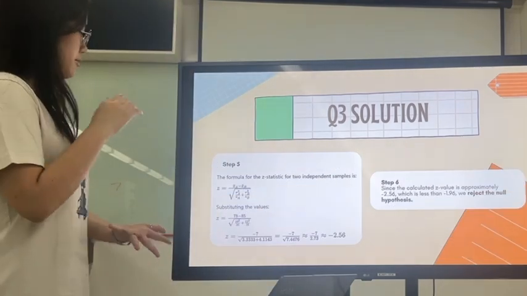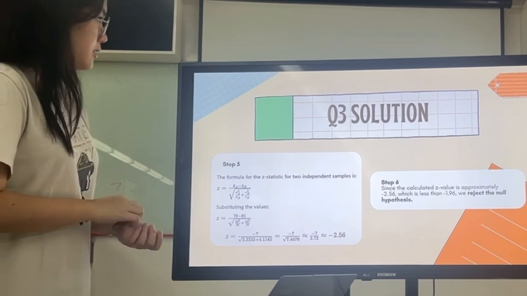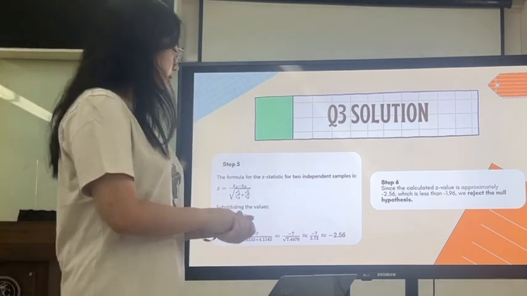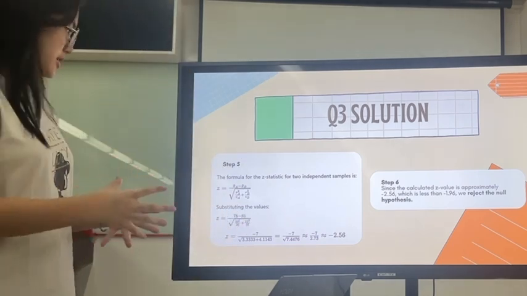Next, step 5 is calculating the z that is from the question.